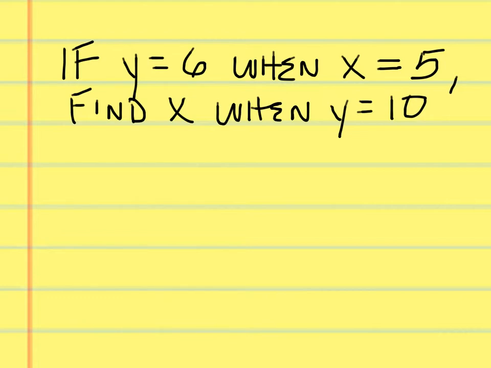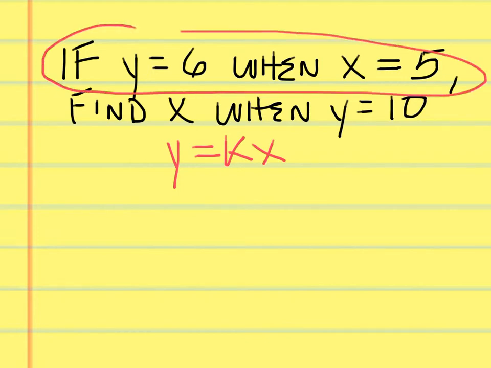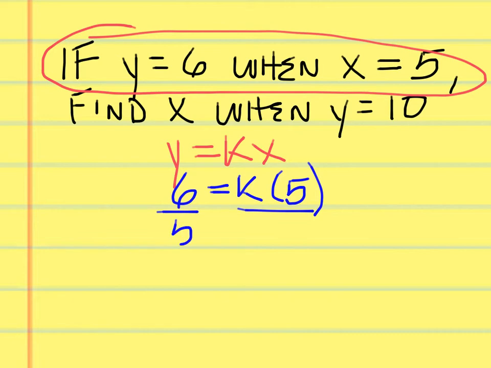You start with the general form, y equals kx, and plug in what you know from what is given in the first part of the problem. You know that y is 6, and you know that x is 5. From that, you can do what we did before, which is to find the value of k, which in this case is 6 over 5.